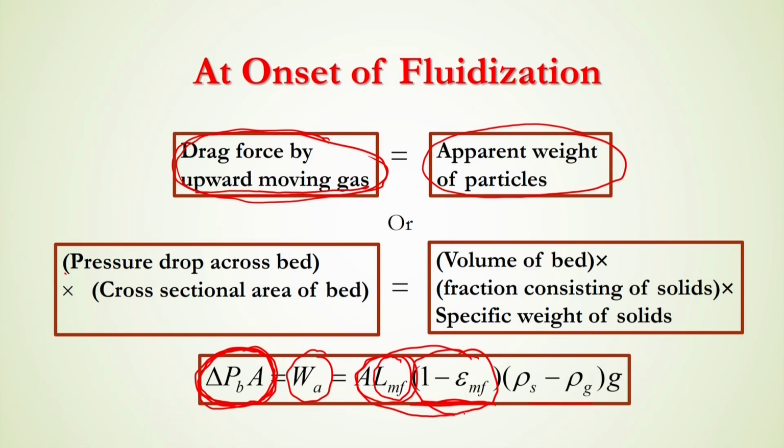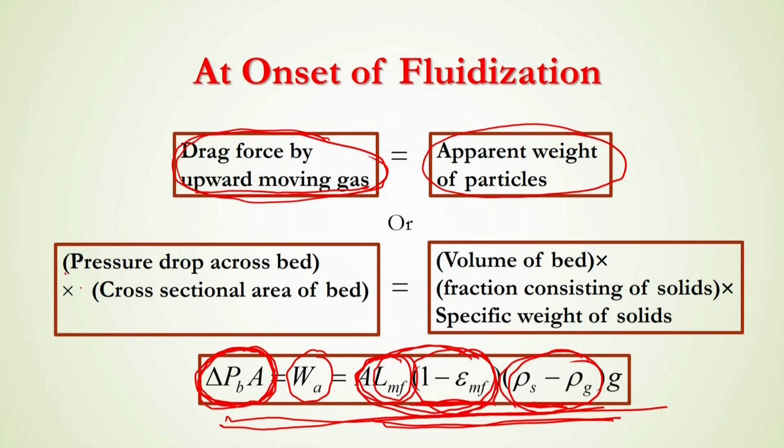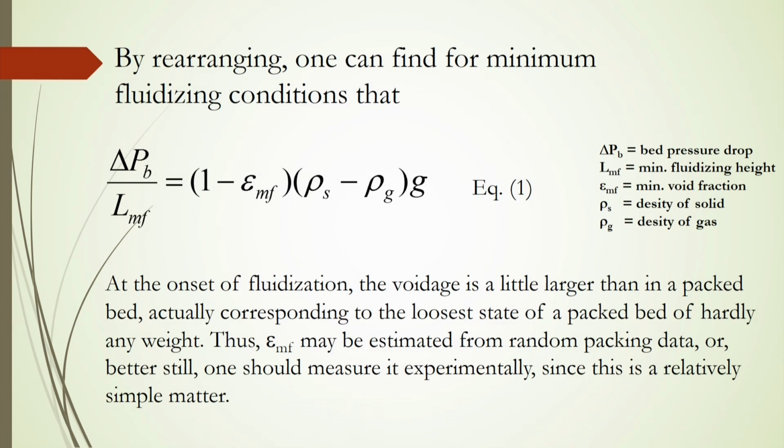That gives you the total volume of the particles inside the bed, and rho s minus rho g is the apparent density, from which you calculate the apparent weight. This was already calculated in the previous slides. So if you equate these two forces, the drag force and the apparent weight, you will get the condition of minimum fluidization.